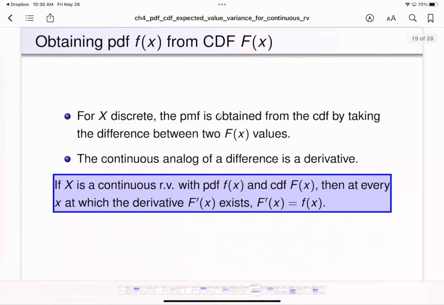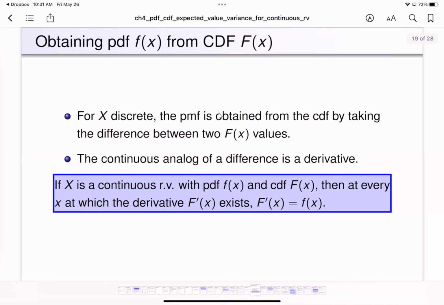The CDF and PDF are connected in the sense that since we integrated the PDF to obtain the CDF, therefore, if we take the derivative of the CDF, we will get the PDF. As long as the derivative exists, the derivative will give us the PDF.